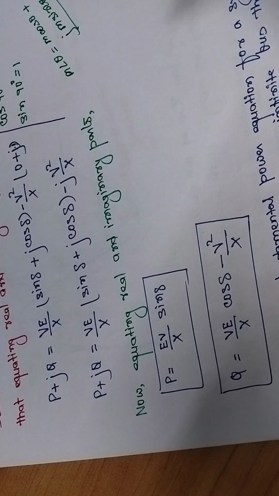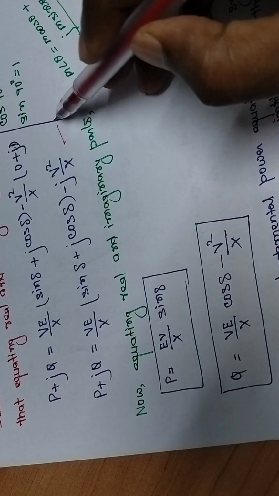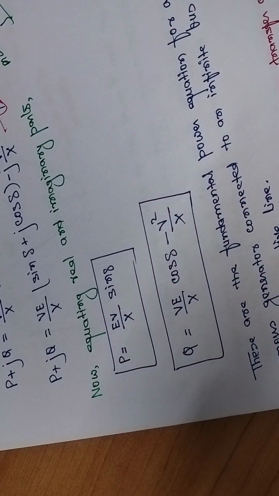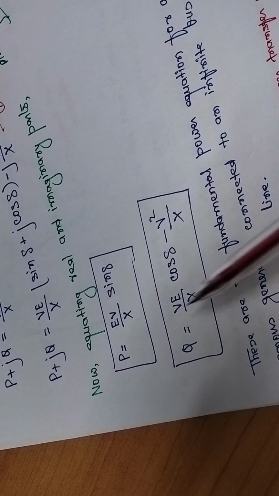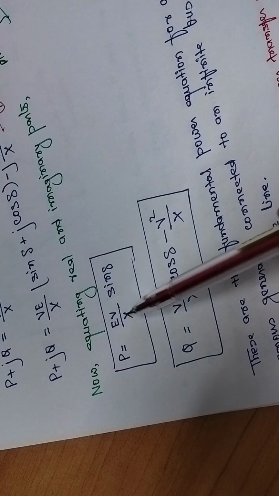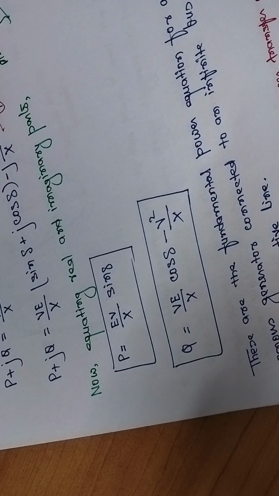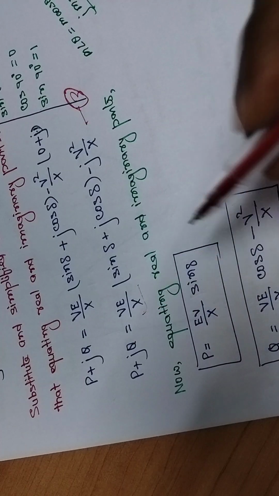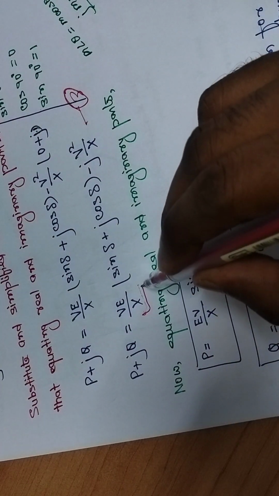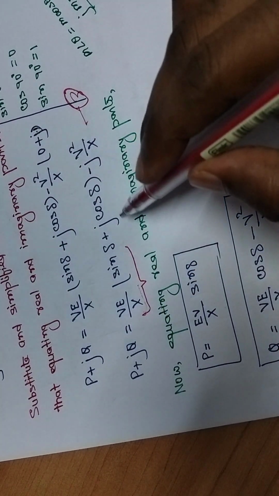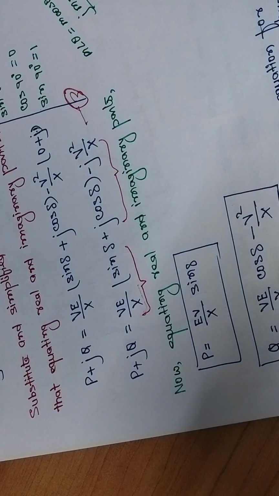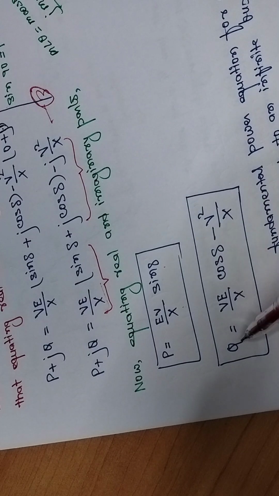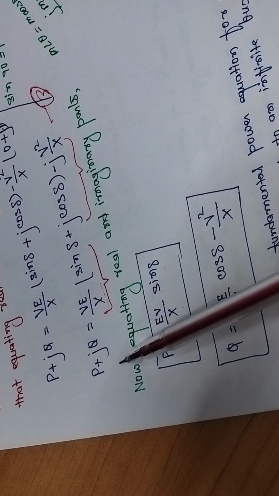Now from this equation we can equate the real and imaginary parts. P is equal to EV by X sine delta. Here you can see the real part and the imaginary part.